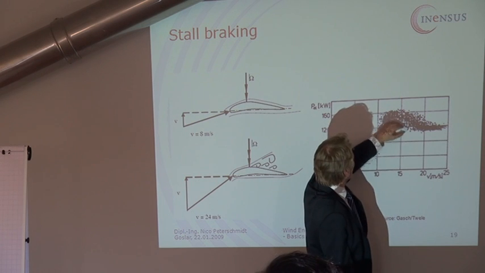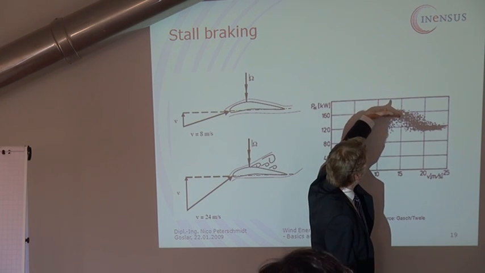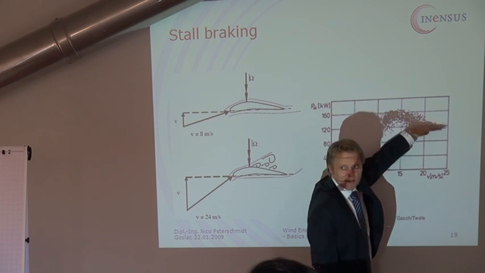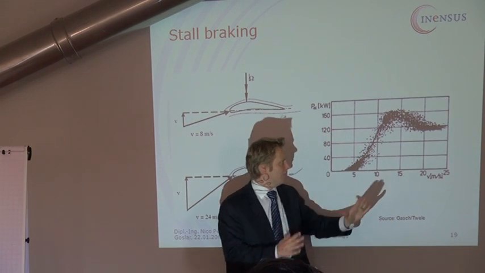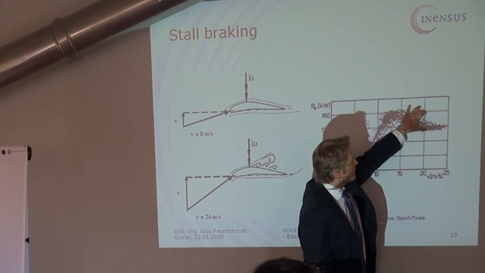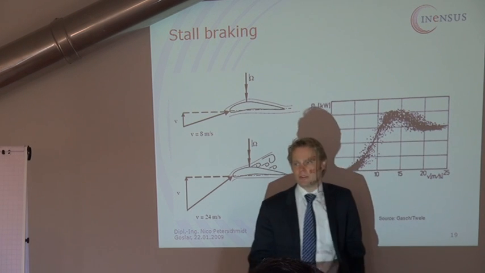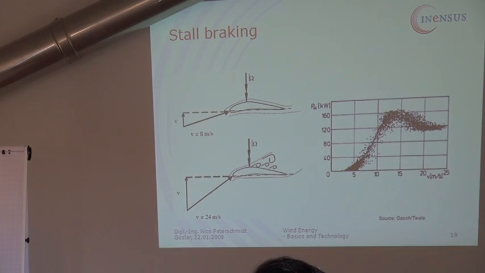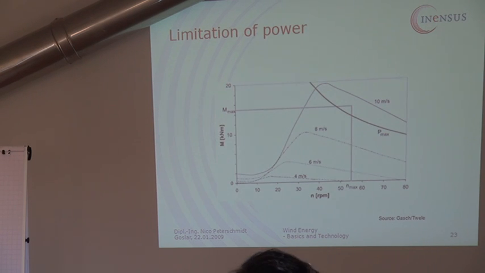If you go here, you rather decrease and then overstall a little bit too much, to have a safety area up to here, because you cannot control it that easily.